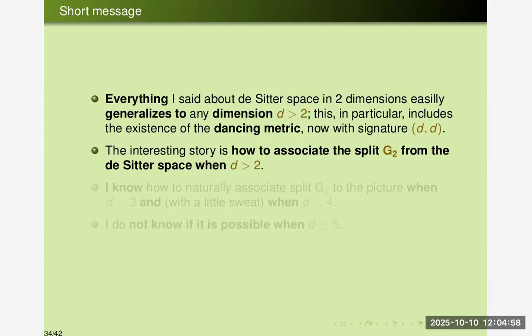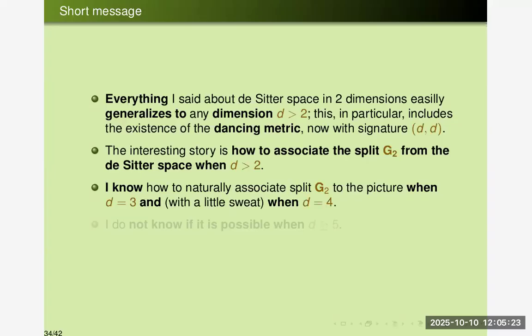What I know how to do is when D is equal to 3. When D is equal to 3, meaning if I start with R3, remove a ball, then I define the dancing metric, then I define twistor space and twistor distribution, and I can show that this somehow has G2 symmetry. I will show you this.